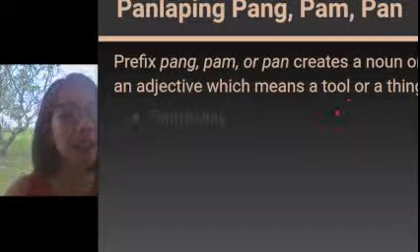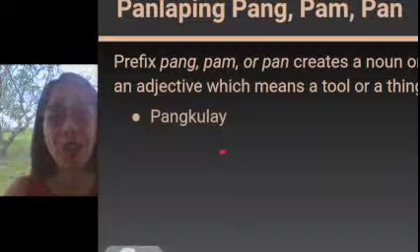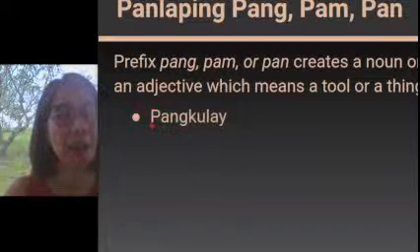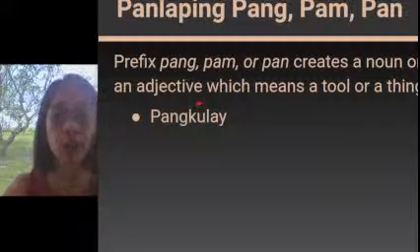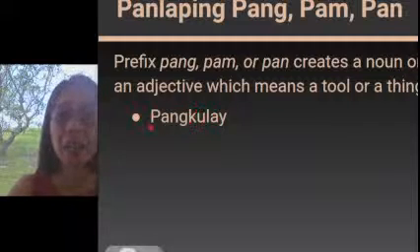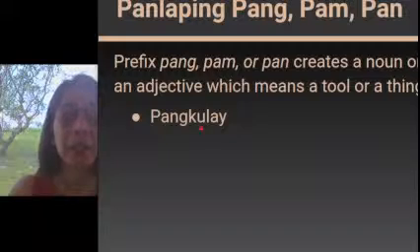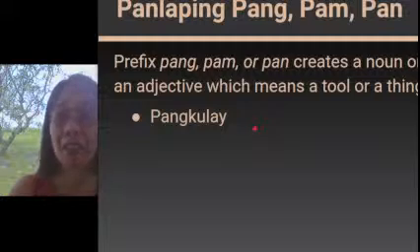Okay, let's have this example. Pangkulay. Take note, the root word here is kulay, but of course we have further discussions. Kulay means color. If you add pang before the root word, it means a tool used in coloring. Pangkulay, a tool used in coloring.